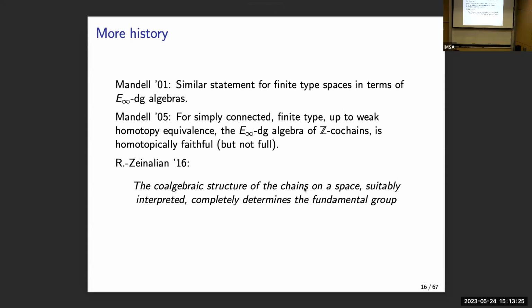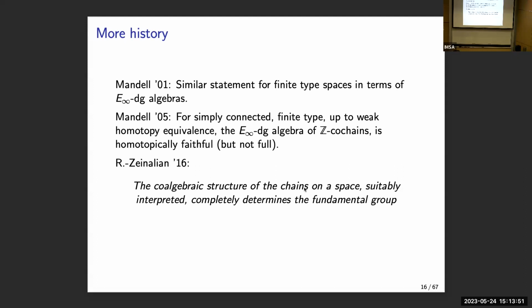And together with Mahmoud Zeinalian, a few years ago, we started exploring the possibility of including the fundamental group into this algebraic package in full generality. And this is the observation that I want to stress today.